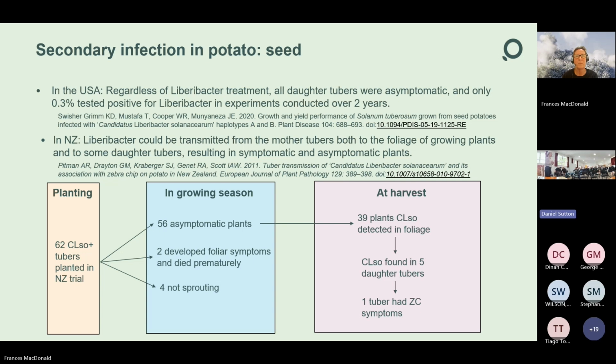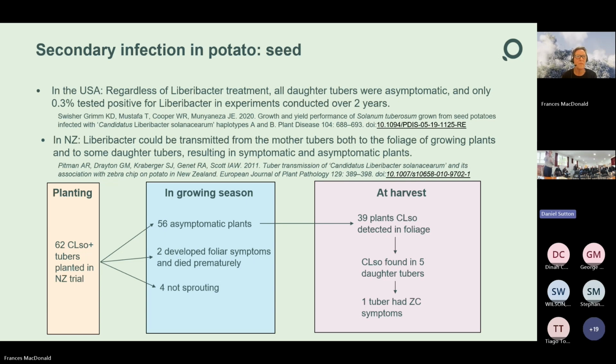But it's at a very low level. And can you just flick slowly through those boxes, Francis? So there was some work in the US where they said 0.3% of tubers are positive when they grow from a positive mother tuber.